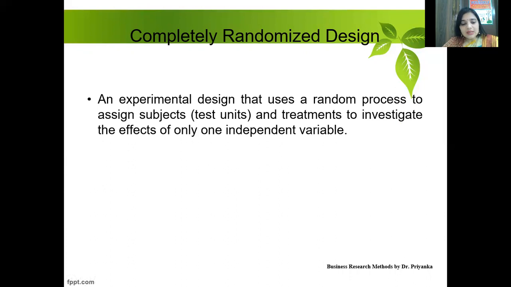These designs tell us that you are going to choose people randomly. You will not decide it, you will not be judgmental. For example, you might select two classes from a school for your experiment, and you might go with one class as the experimental group and the other as the control group.